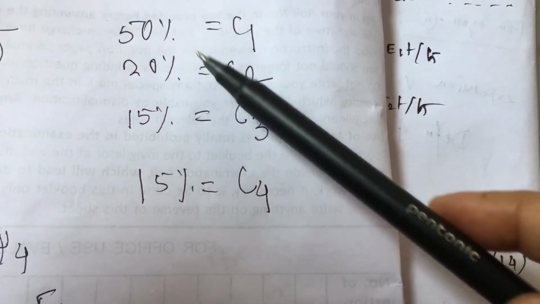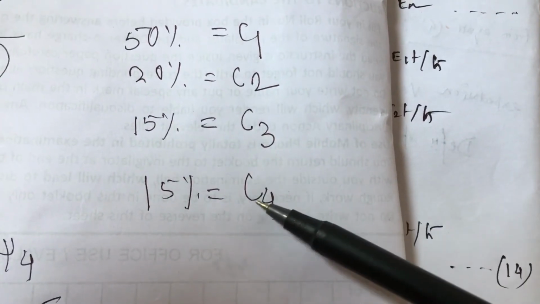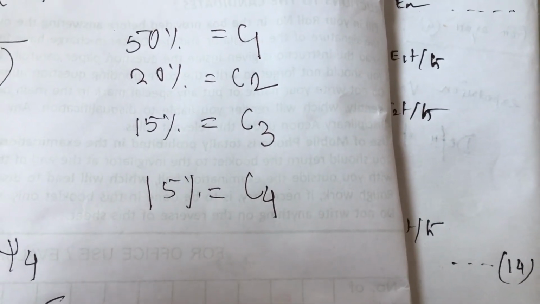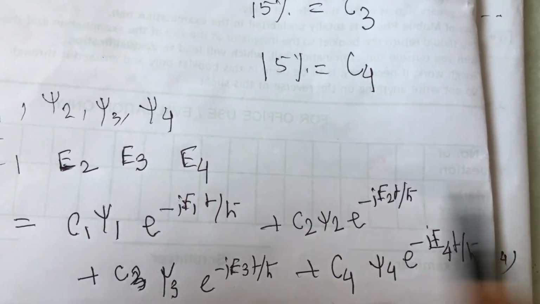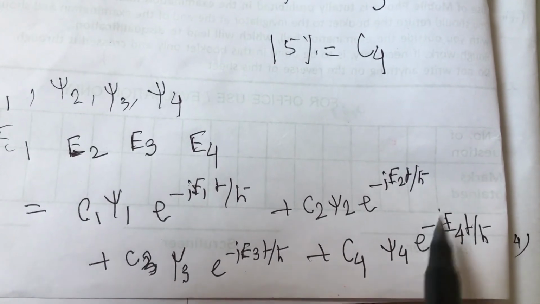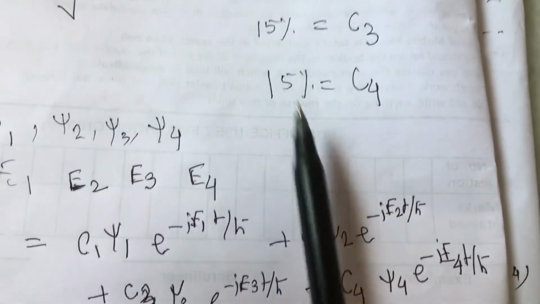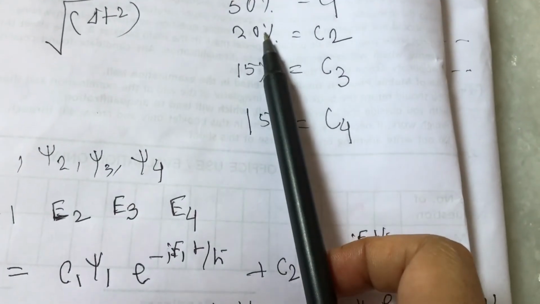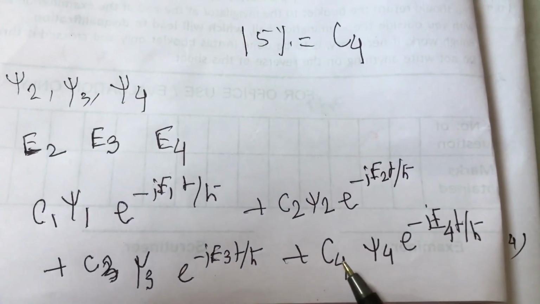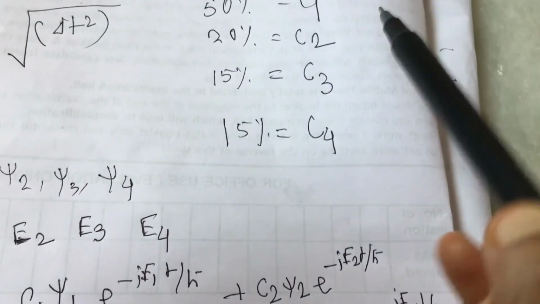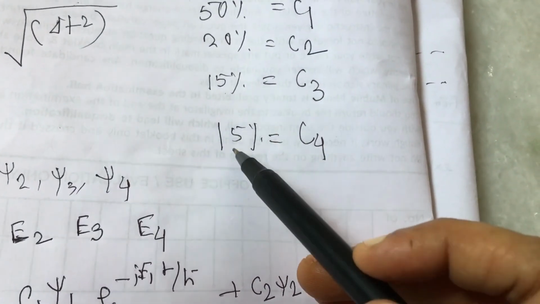Suppose C1 equal to 50, not the percentage, C1 equal to 50, C2 equal to 20, C3 equal to 15, C4 equal to 15, just for the sake of understanding. So what we mean by that is in the entire summation, contribution of psi1 is 50%, psi2 is 20%, psi3 is 15%, and psi4 is another 15%, which will give me 50, 70, then 15, then 15, that means 100%.